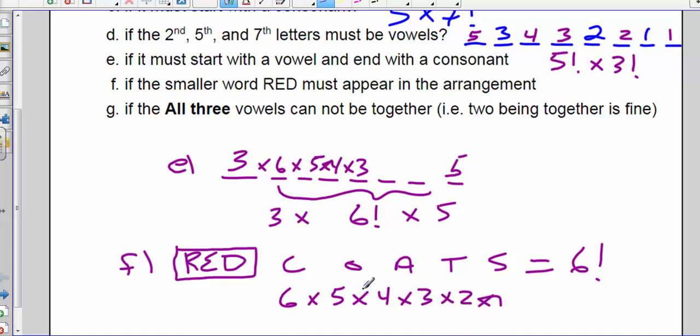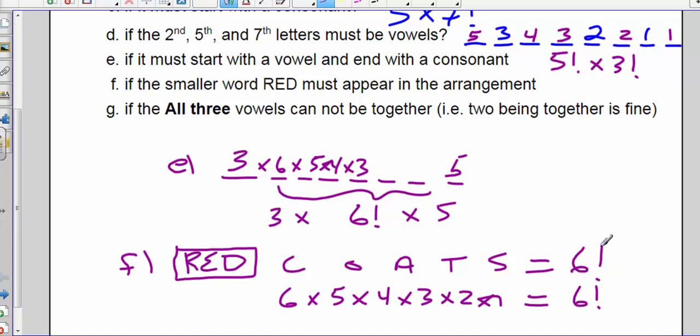And once I've thought that through, I realize, okay, so that's just the same as 6 factorial. Again, I don't want to jump to 6 factorial until I've thought through the problem in the elongated form, and then I realize, okay, so now I can just use 6 factorial on the calculator.